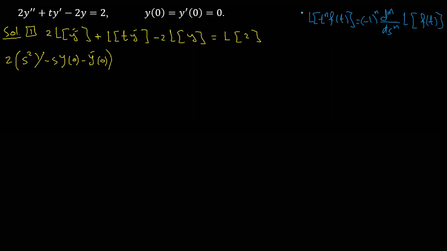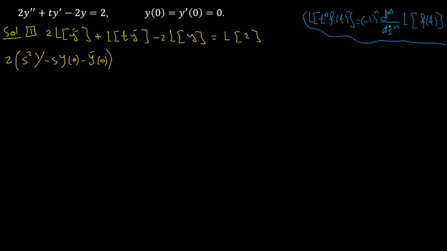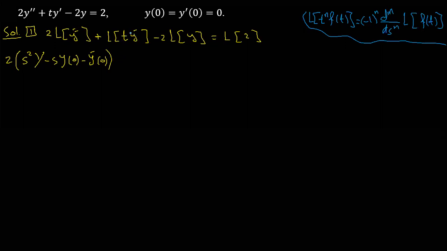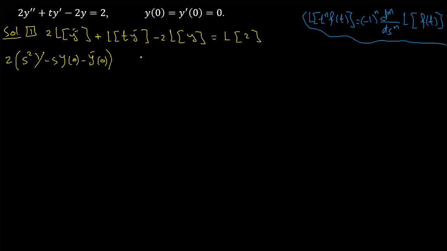This is a new rule which we studied today. So please, Laplace needs your practicing. Let us continue now. Can anyone help me write Laplace of t times y prime using this rule?